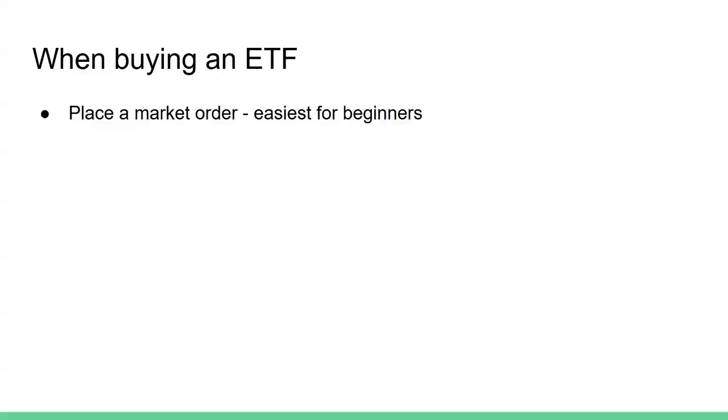And so another thing you can do is to set a stop loss order, which is an order that is automatically placed to sell your ETF once it drops below a certain margin. So, for example, let's say your ETF drops 20% below when you bought it, and then you can set a stop loss to sell that ETF.